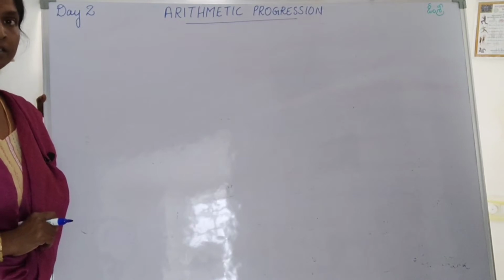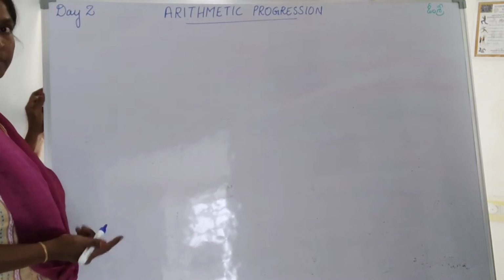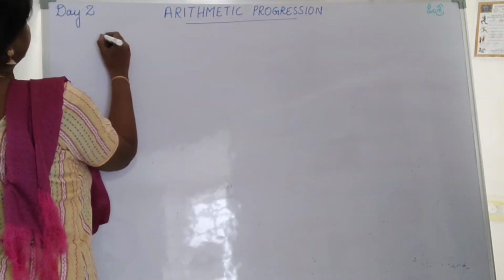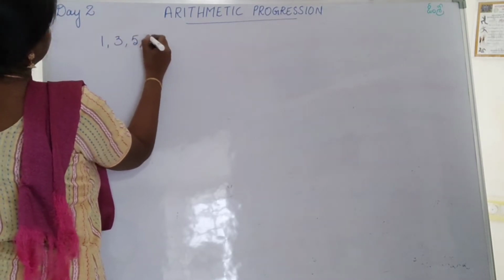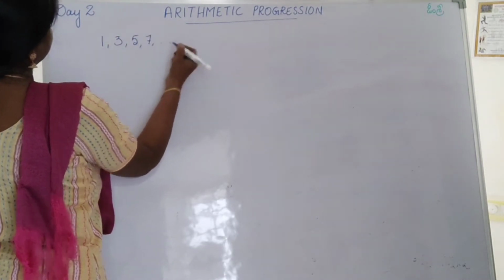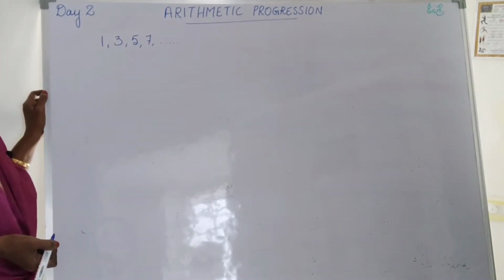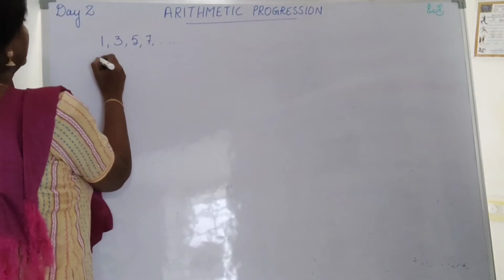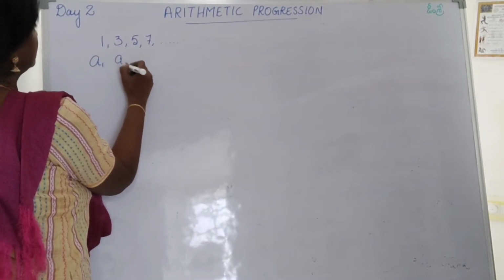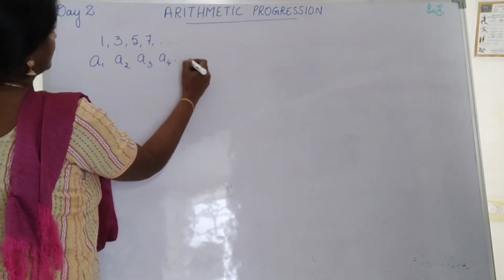So, let's consider an example for better understanding here. We'll take the odd number series. When we consider the odd number series, we'll represent it with the terms of an arithmetic progression, that is A1, A2, A3, A4 and so on.